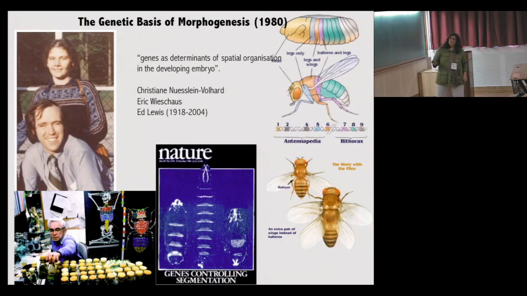And this was really the work of Nusslein-Volhard and Eric Wieschaus. So if you think about the ideas on pattern formation and morphogenesis, they started out being mathematical and physical, and only then invoked information contained within the genes of cells and animals as being responsible for pattern formation.